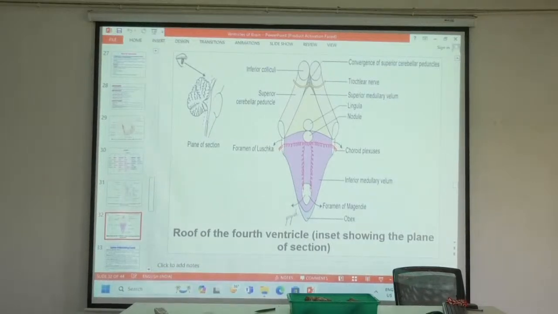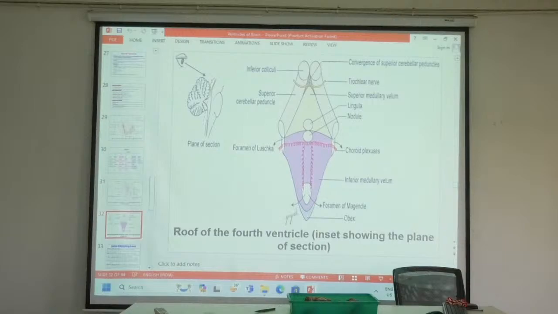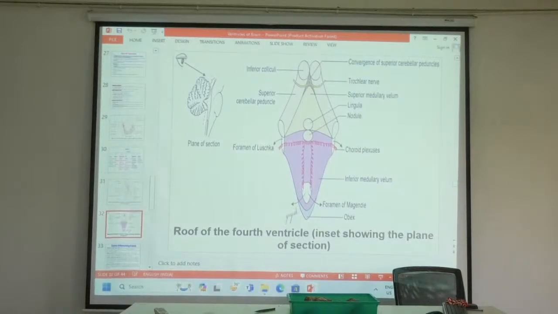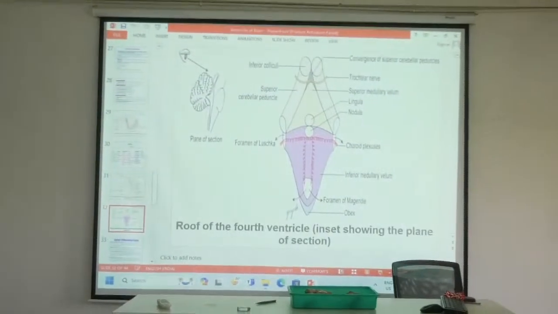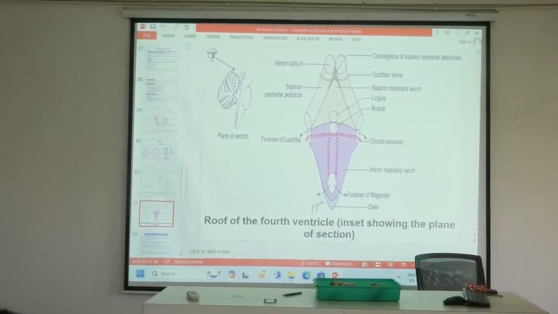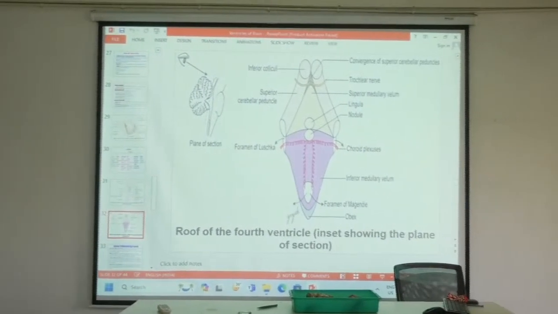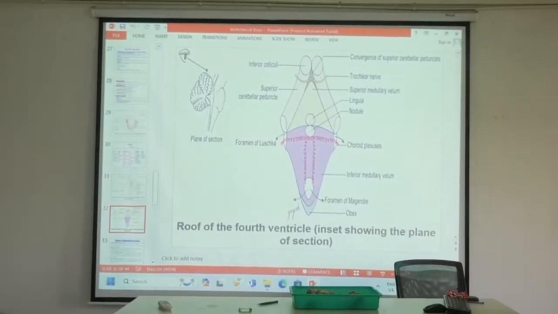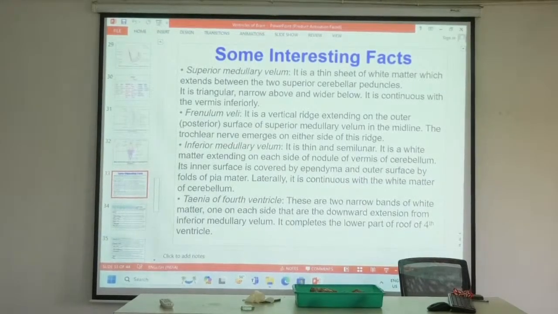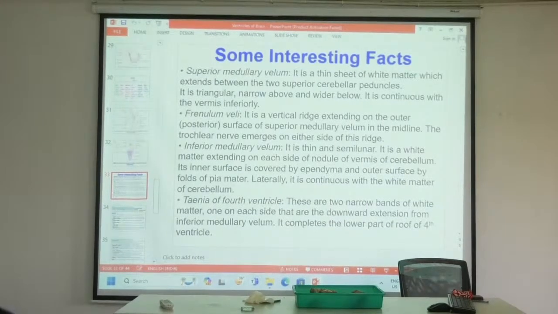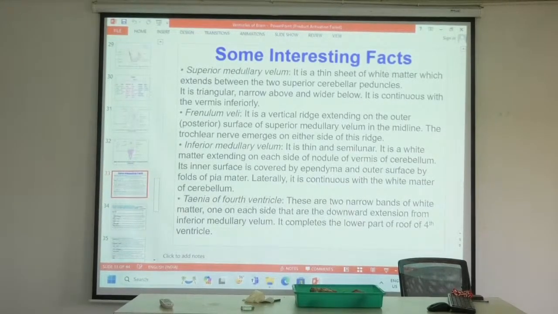Okay, and lateral recesses are present on these two sides near the opening of the foramen of Luschka. Okay, and this is superior cerebellar peduncles forming the superolateral boundary, and inferolateral boundary is formed by the inferior cerebellar peduncles. Okay, it is a vertical ridge extending on the outer or posterior surface of superior medullary velum in the midline.